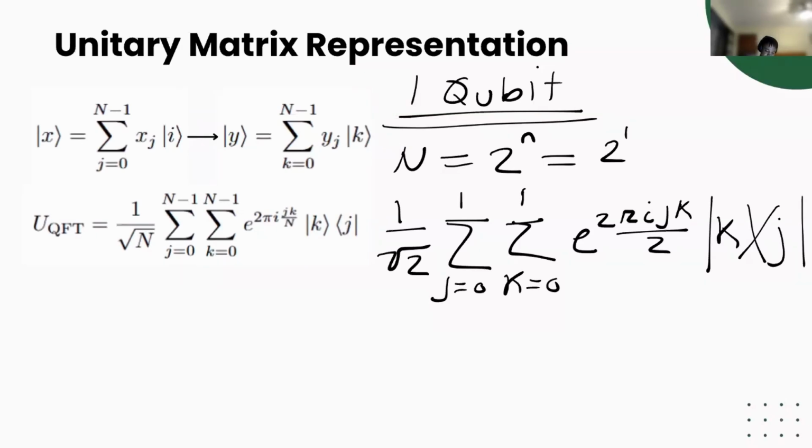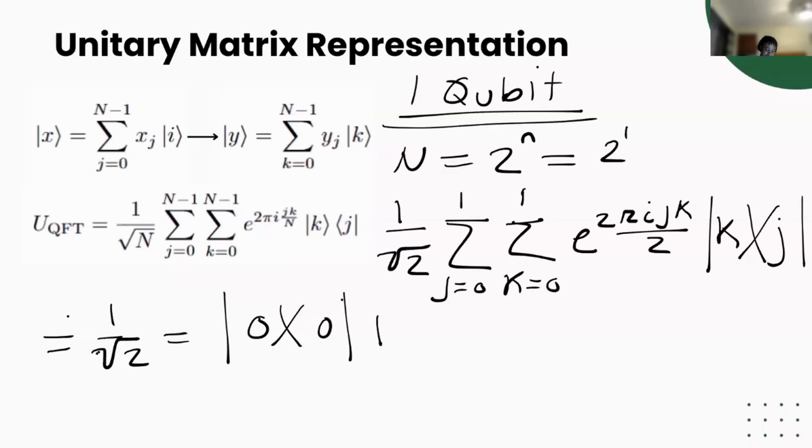So when we write that out, we can write it as this sum, 1 over the square root of 2. So we'll do 0, 0. So we know the coefficient is 1. So 0, 0, plus 0, 1, plus 1, 0.